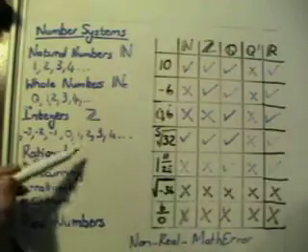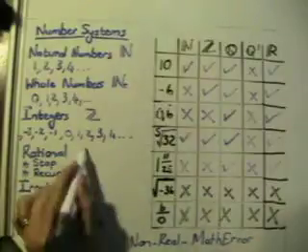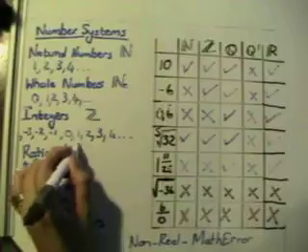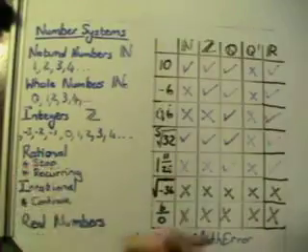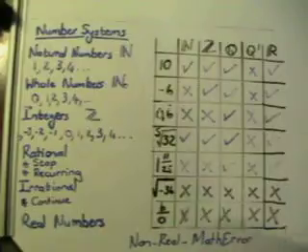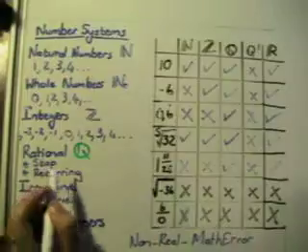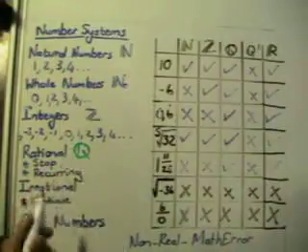I see I forgot to give you the signs for these three. Hopefully you know them. But for rational numbers, I have a Q with a little stripe there.